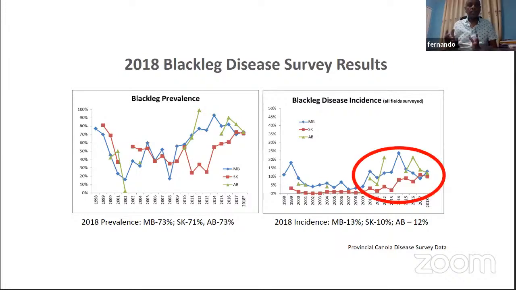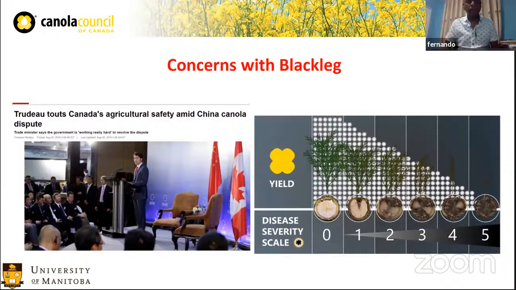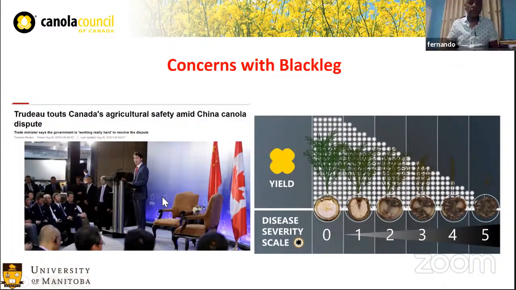Now, as I mentioned, it's a huge trade issue with China. We send about $3 billion worth of seed to China for crushing, and not for planting, but it has become an issue with the Chinese government that we have blackleg, they don't.